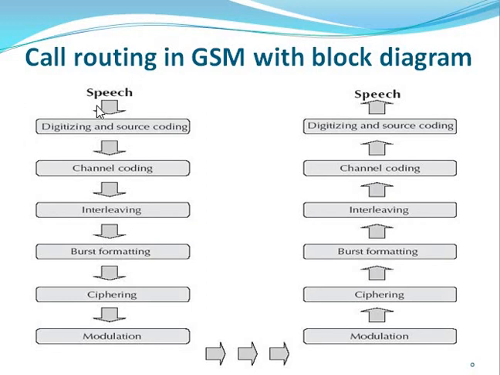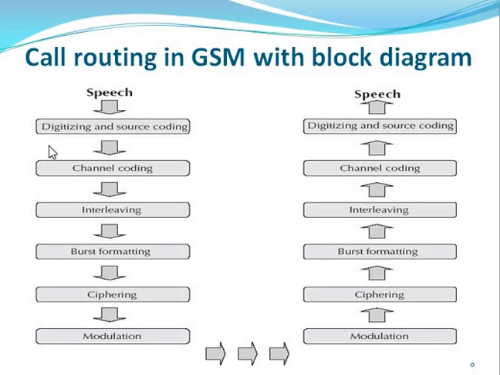This is the flow chart or flow diagram. You can see how the call undergoes encryption, decryption, and transmission from one network to another, what problems occur, and how the GSM processes it. So this is important.